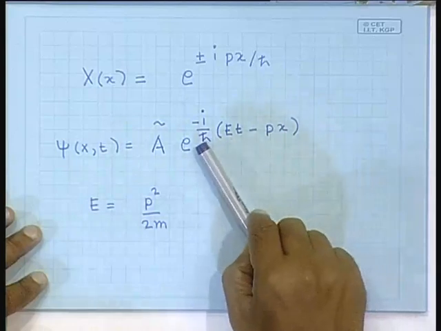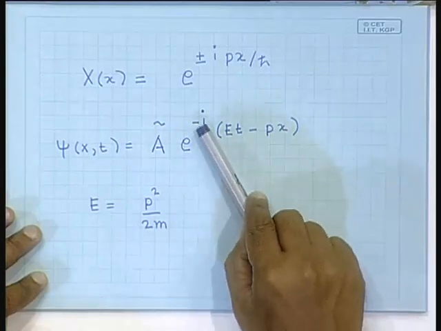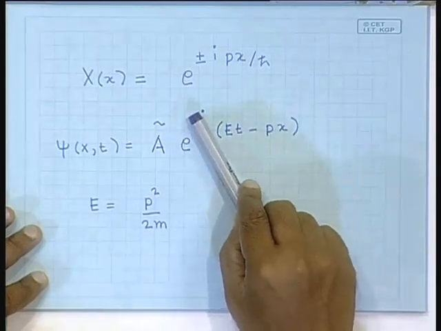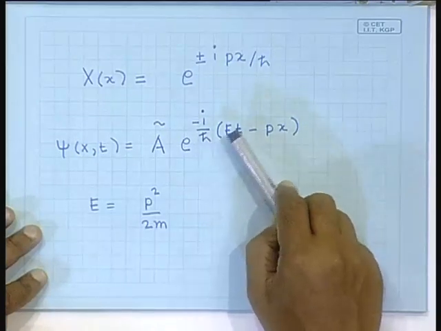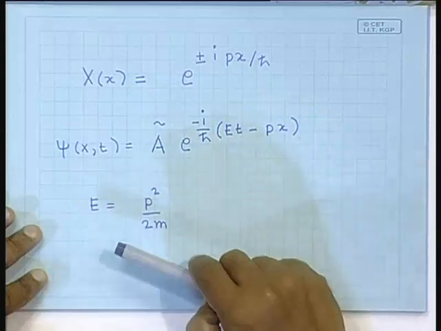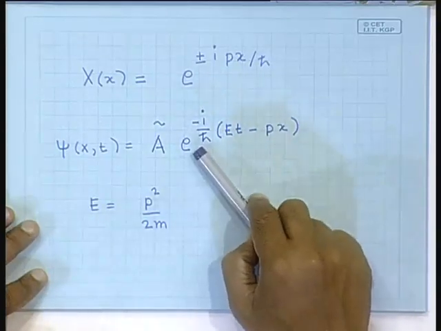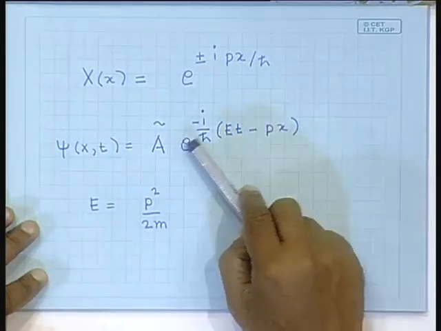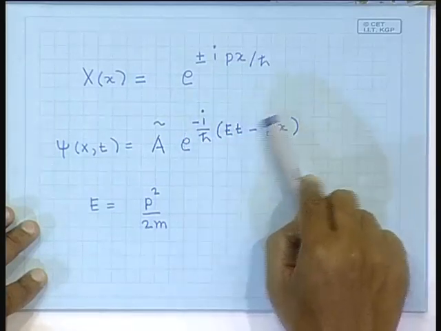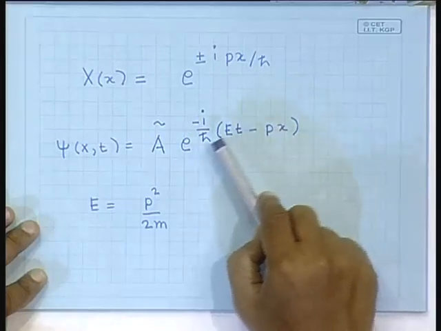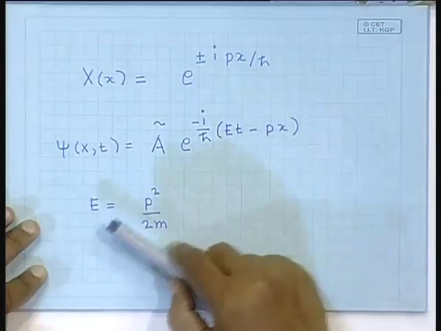You can straight away read the angular frequency of the wave if you think of this as e to the power minus i omega t. So, omega you see is E by h cross. If you ask what is the wave number of this wave, if you write this as e to the power i k x, then you can straight away read the fact that P by h cross is the wave number k.